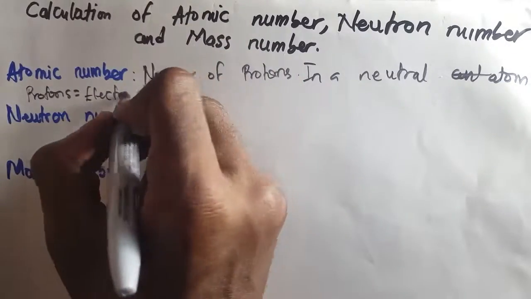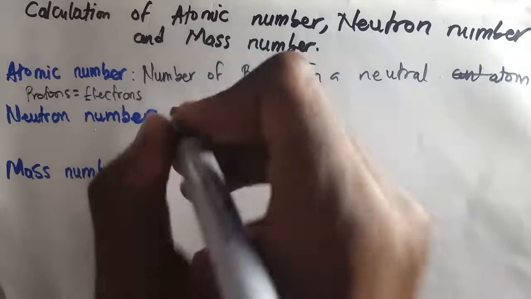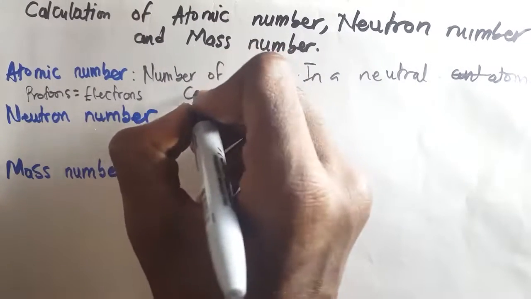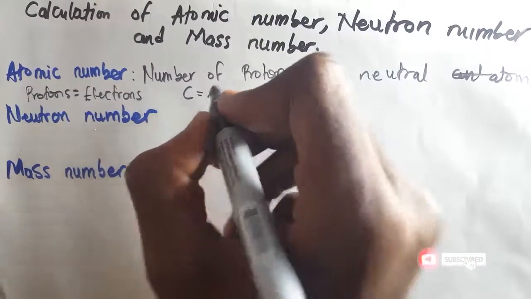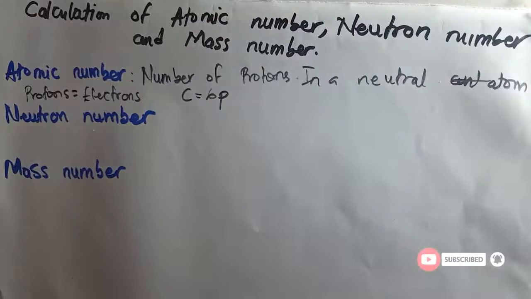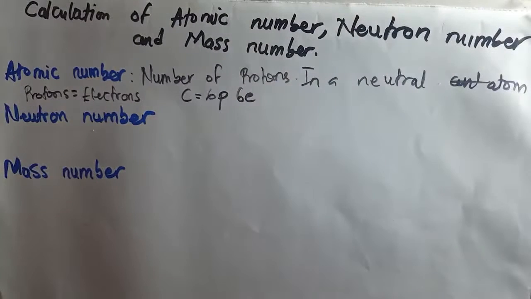So if you have an atom without a charge, the number of protons equals the number of electrons. So let's say we have carbon. This carbon has 6 protons. Let me just use P to represent protons. Now, since carbon is neutral, it will also have 6 electrons.